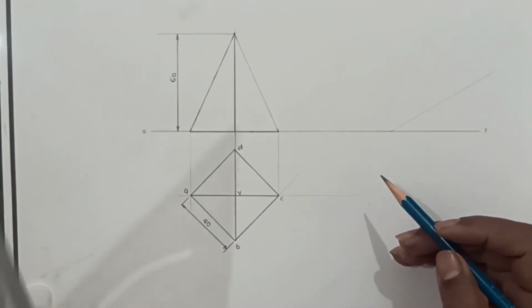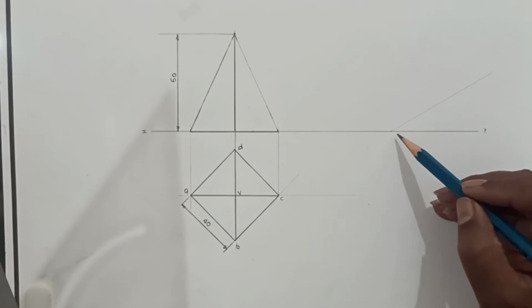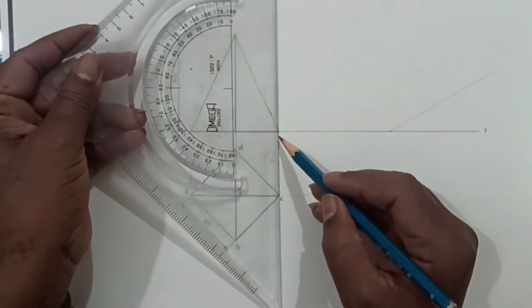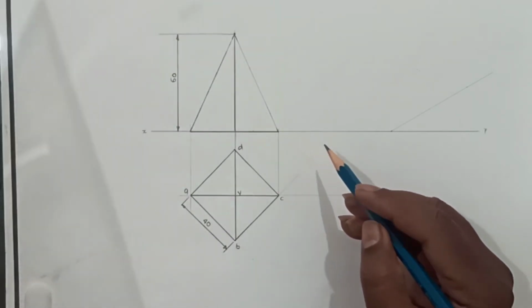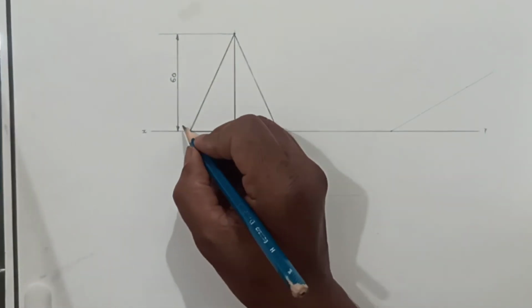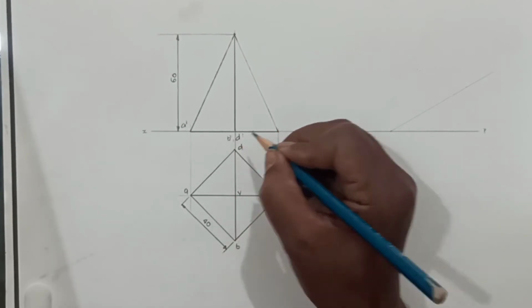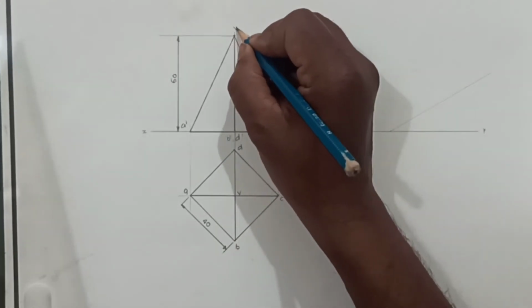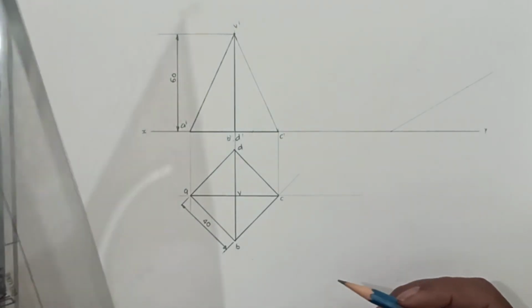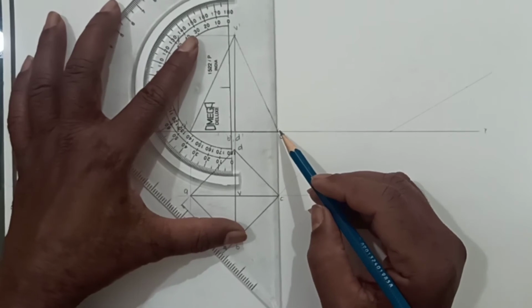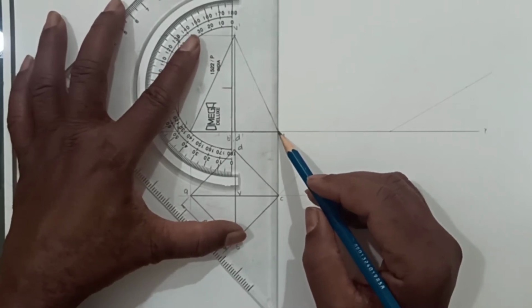Now we have to show, meaning indirectly we are considering this line, which will be like this one, perpendicular to the XY. Now here label the front view: A dash, B dash, D dash, C dash, and this will be the vertex V dash. Here we are drawing this line which is perpendicular.